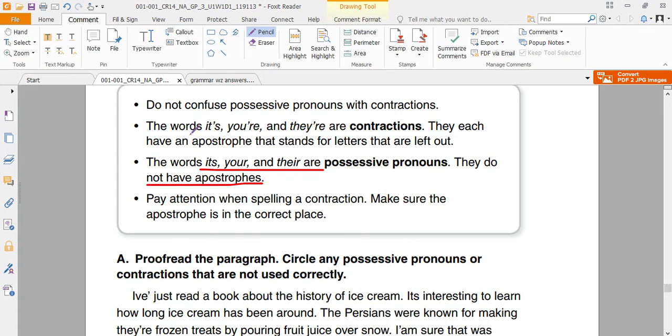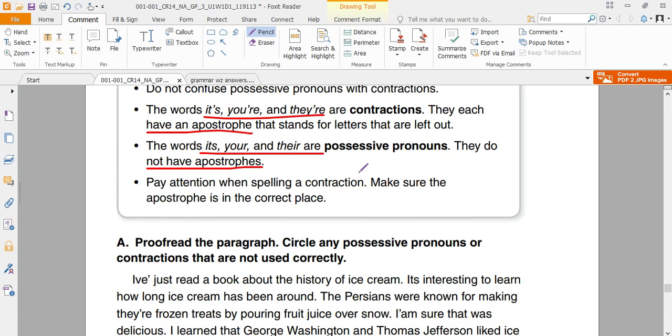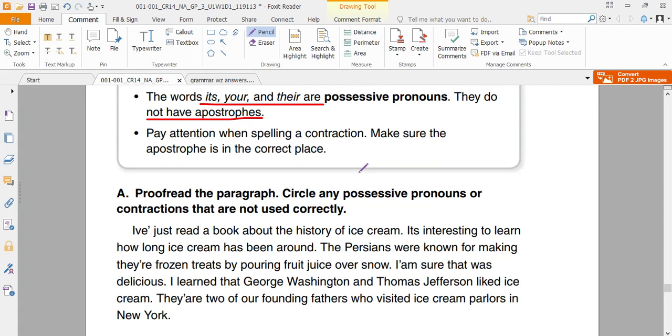And those words, it's, you're and they're, in contraction they have an apostrophe that stands for the letter that we take out or left out. And please put the apostrophe in its correct place. It comes where the letter was left out.